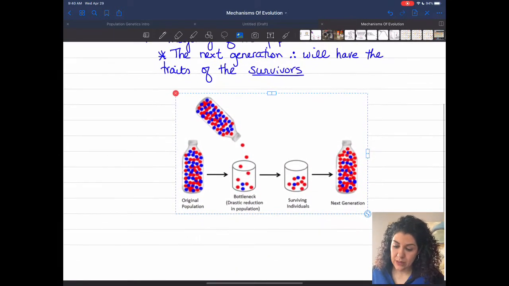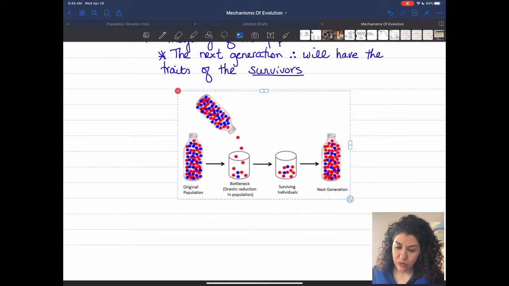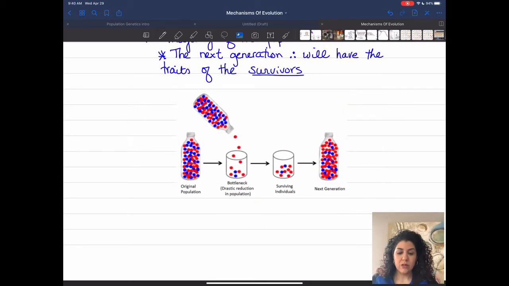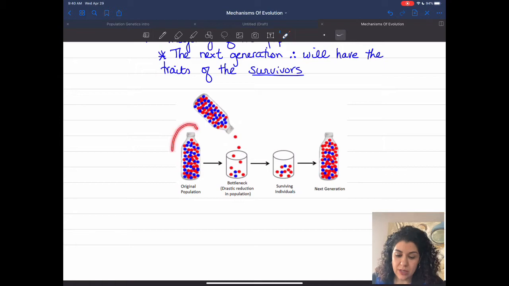So here you can see sort of a picture that explains that. So you have an original population, and you can see that the original population is pretty even between the blue and the red beads. Those are the two traits, the blue and the red. And then because of a very tragic or a very chance event, only the individuals in the bottleneck survive. The rest, the ones that are in here, are all eliminated, and it's just the individuals that are in the bottleneck that survive, just the ones that can get out.